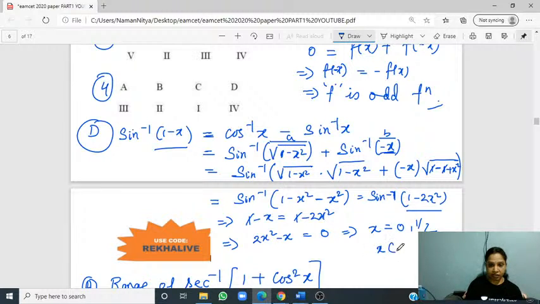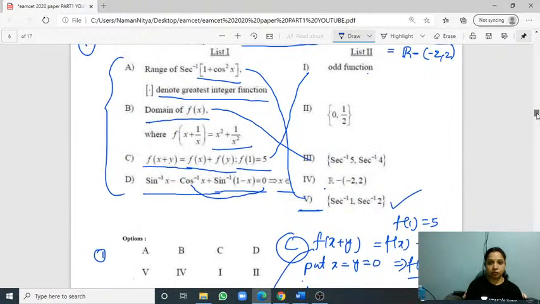So I can say x belongs to, we can put a set also, 0 comma 1 by 2. So what is this option? 0 comma 1 by 2. So the second option is for D.